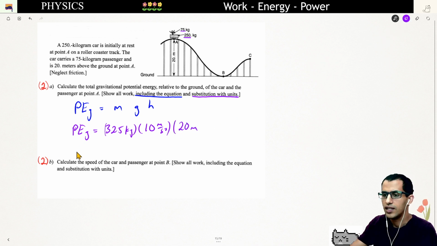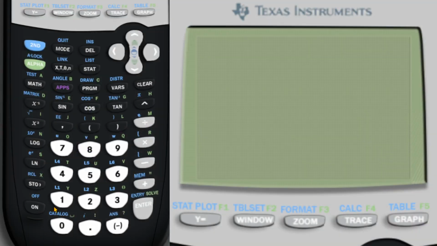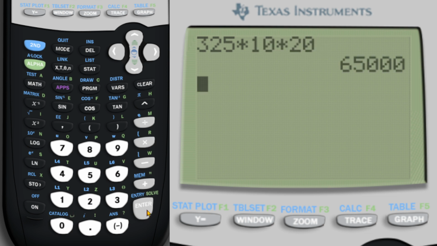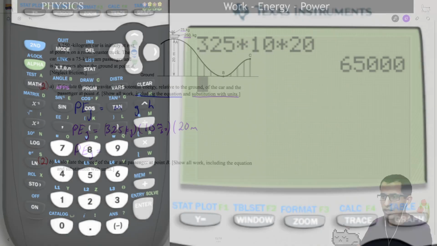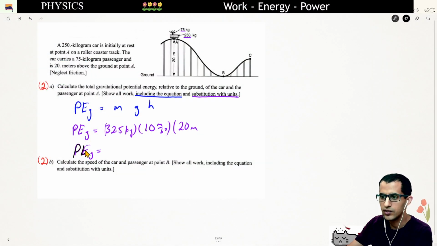And that gives us an answer of potential energy. I'm going to use my calculator. It's 325 times 10 times 20. And we get 65,000 joules of gravitational potential energy.